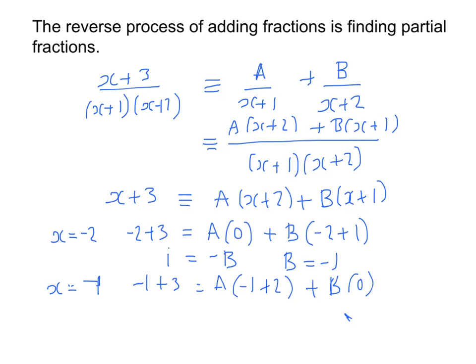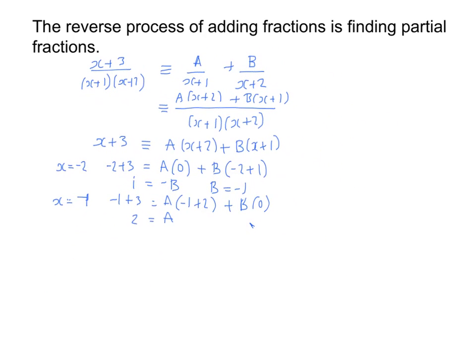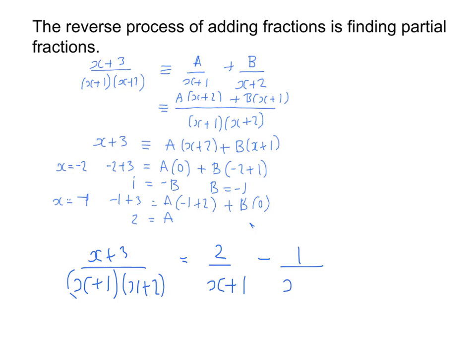So we have 2 is equal to A. Okay, so that's all we need really. We've got our answer. So we now know our fraction, x plus 3 over x plus 1, x plus 2, must be equal to 2 over x plus 1 minus 1 over x plus 2.